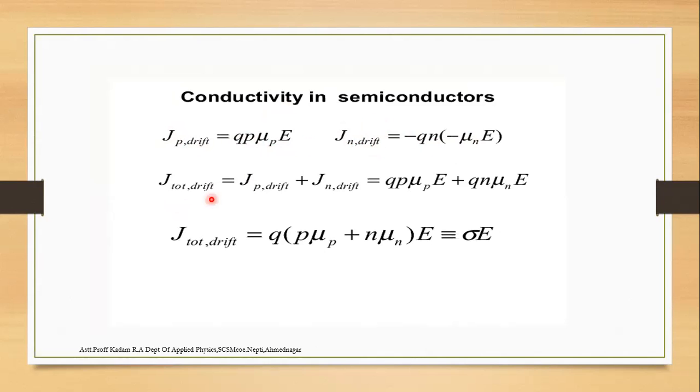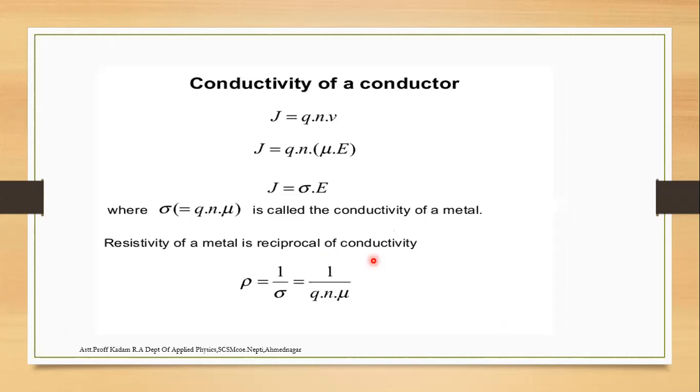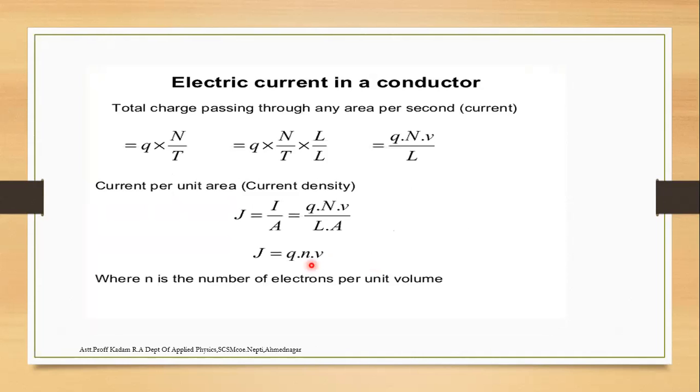J total drift is Jp drift plus Jn drift, that is Q P mu P E plus Q N mu N E. Adding both terms, J total drift is equal to Q, the common charge, taken out, times the bracket P mu P plus N mu N, into E. That whole term is called sigma.